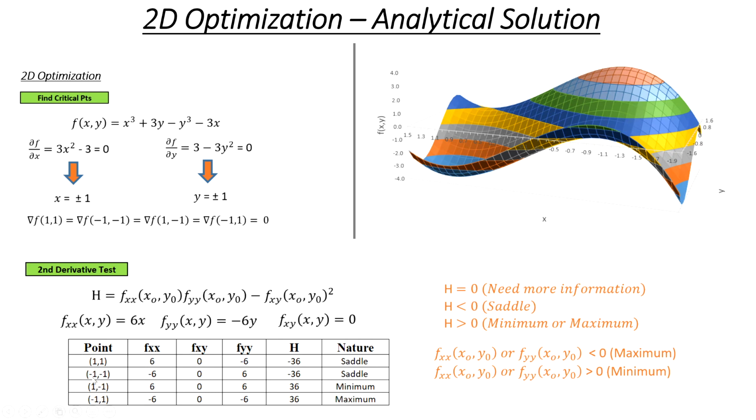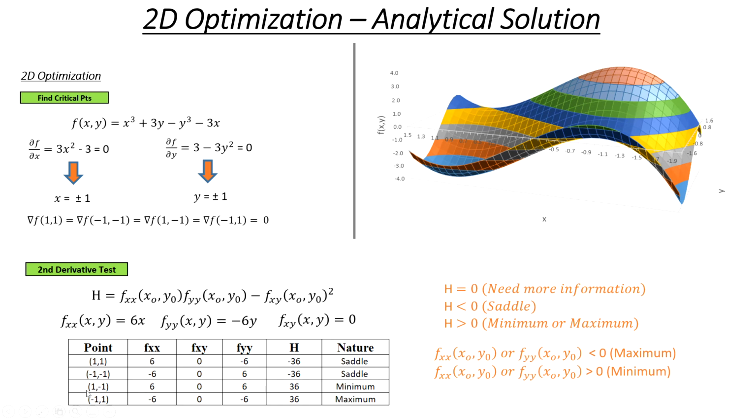Now if we evaluate negative 1 and negative 1, fxx becomes negative 6. fxy, you can see, is 0 all the way through for all 4 points. And also fyy, since y here is negative 1, this is going to be 6. We multiply them by each other, we get negative 36.